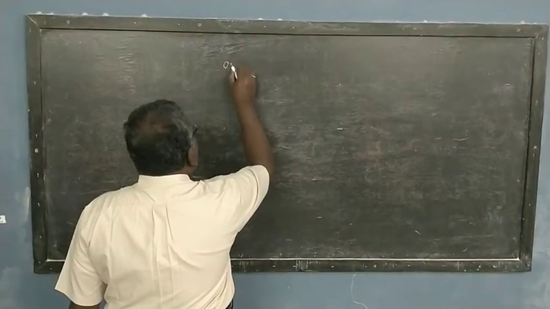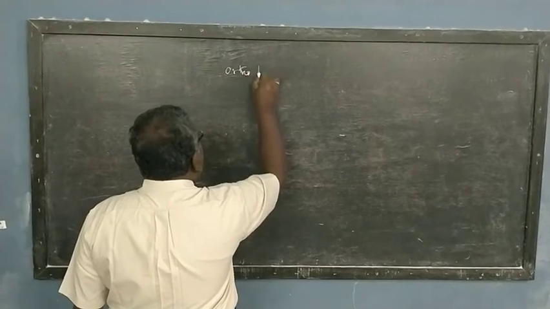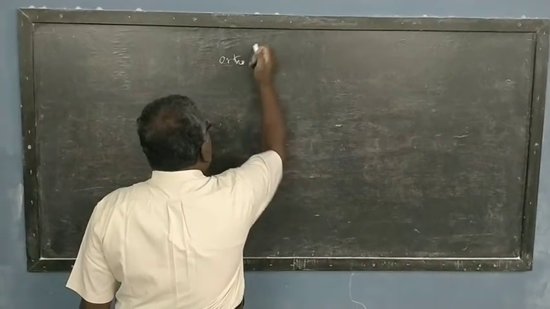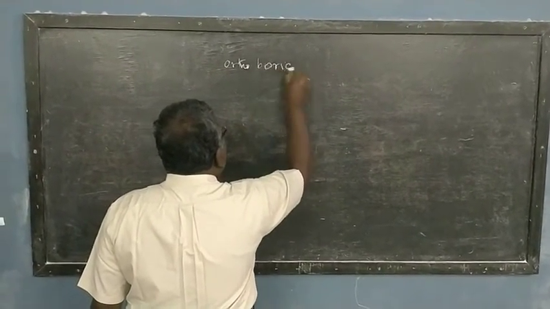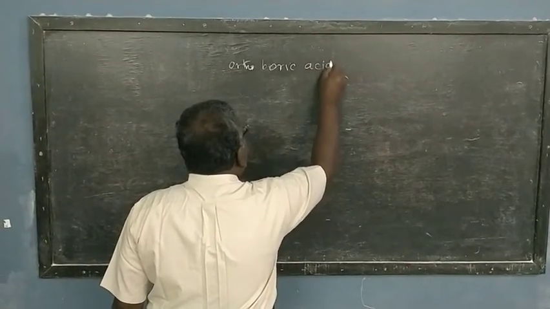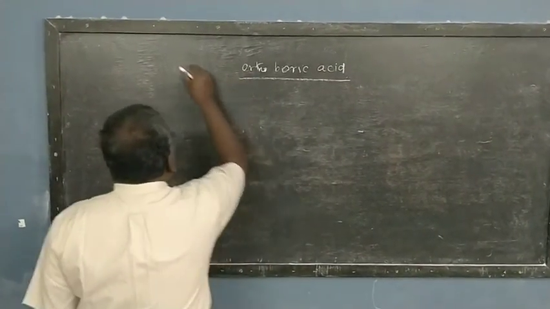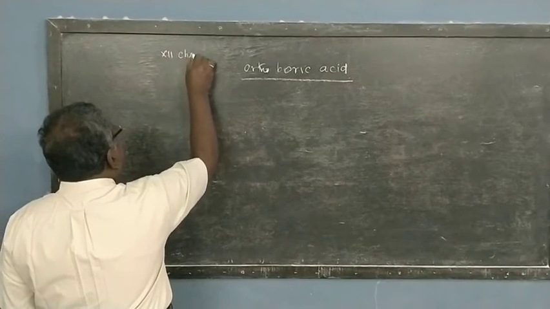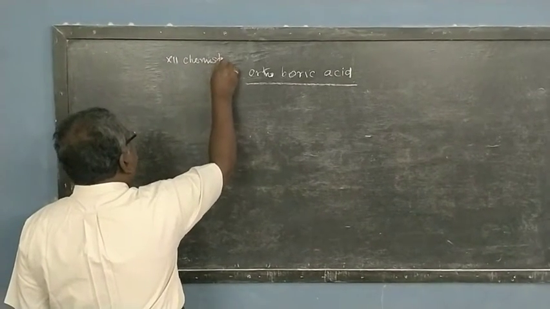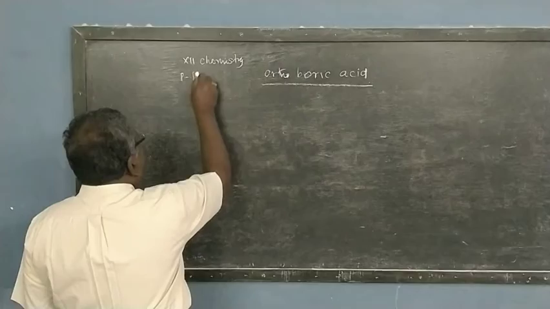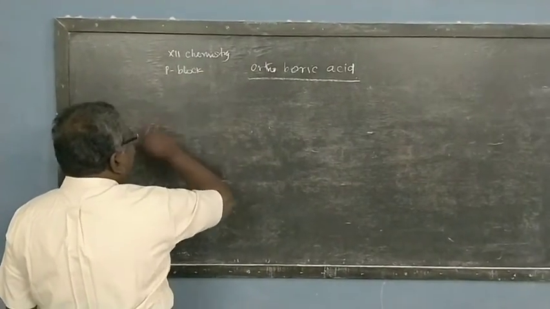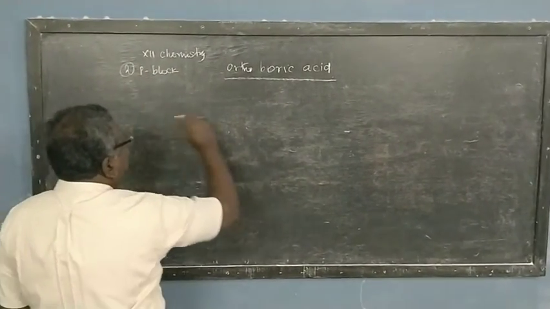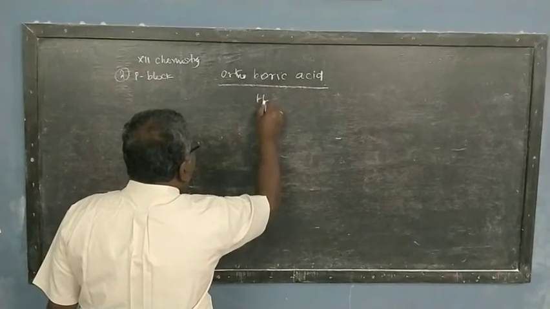So, the third topic is orthoboric acid. Right? This is 12th chemistry, p-block is the chapter, Lesson 2. So the orthoboric acid formula, by this time we must know.